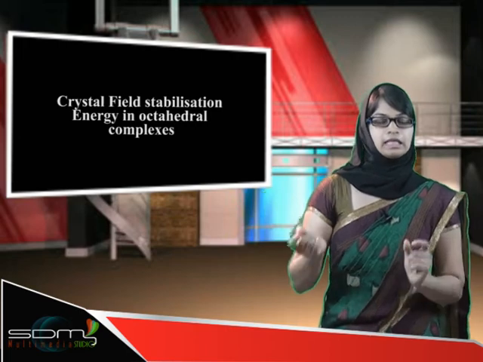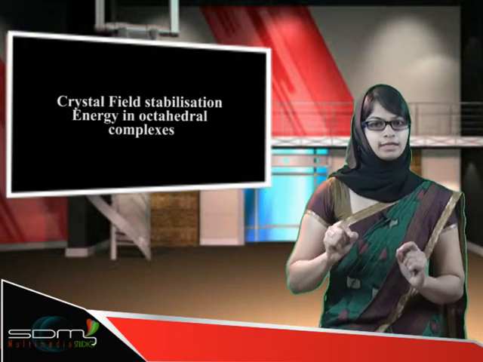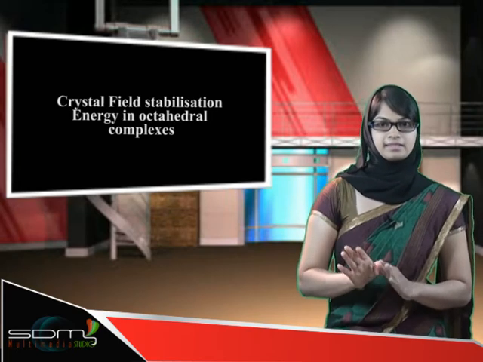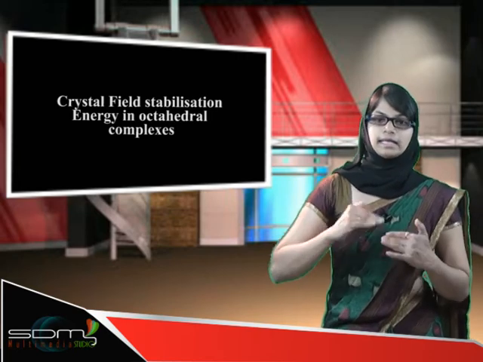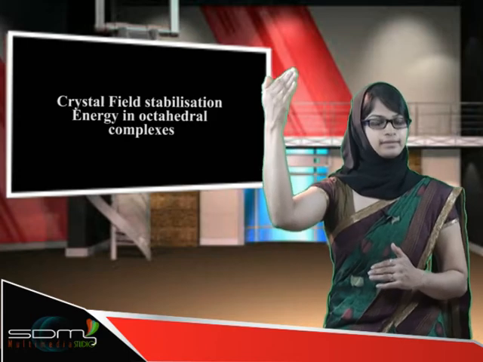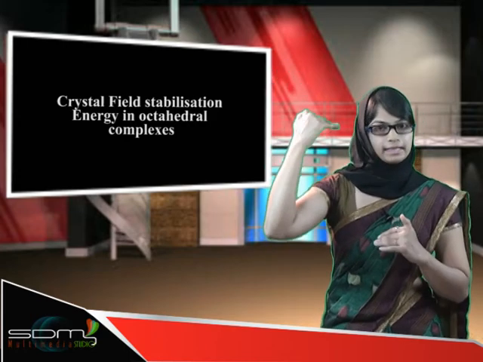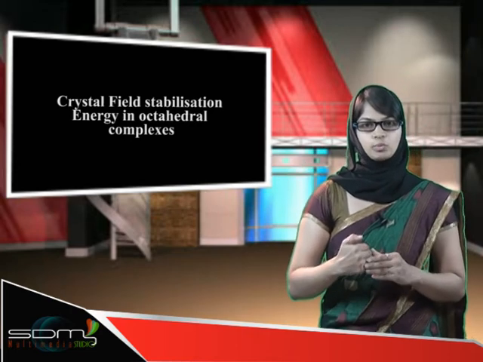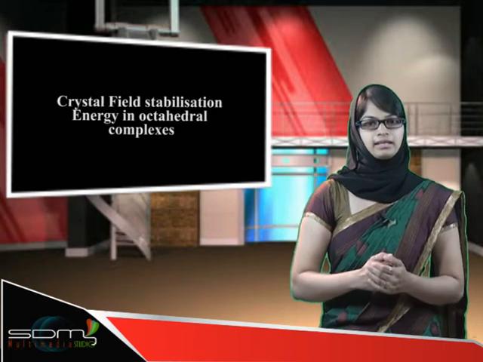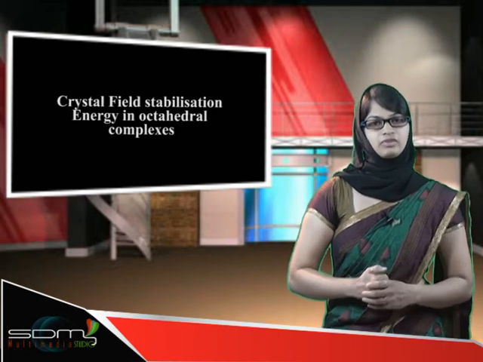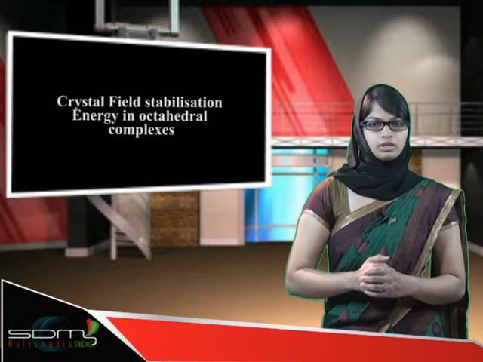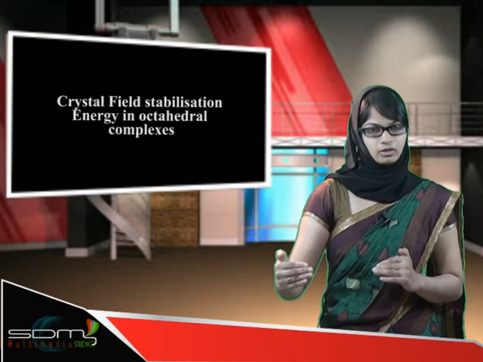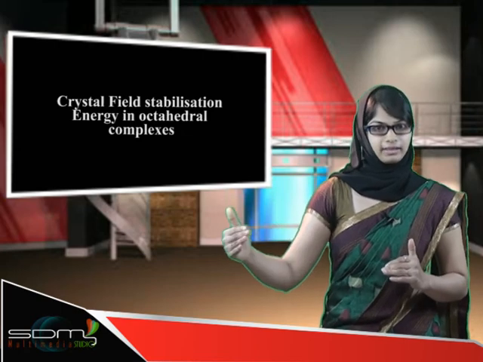Any electron moving to the t2g orbitals in octahedral complexes stabilizes the complex, and any electron that moves to the higher energy eg orbital destabilizes the complex. So the stability can be assessed for octahedral complexes by taking into consideration the crystal field stabilization energy. This is applicable to the tetrahedral complexes, the tetragonal complexes, as well as the square planar complexes.